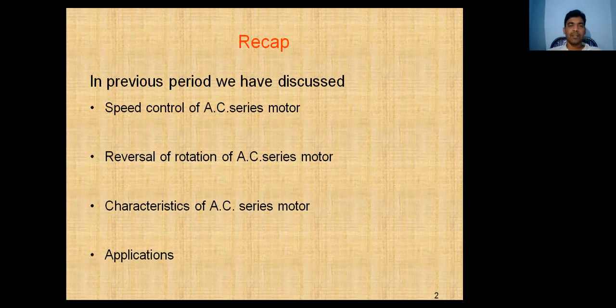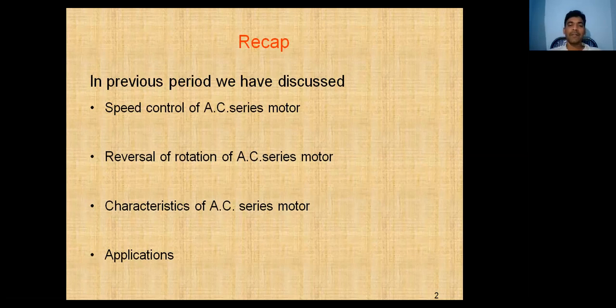So if you want to run a DC series motor on AC, we have to make some modifications, which we have discussed. Reversal of rotation of AC series motor is done by changing the field or armature connections.